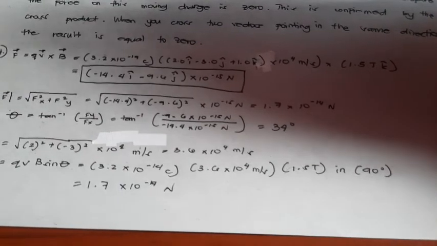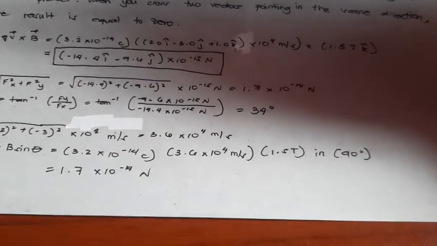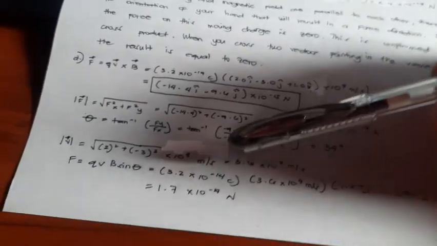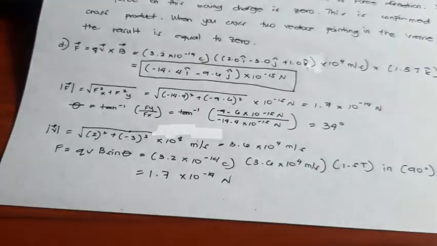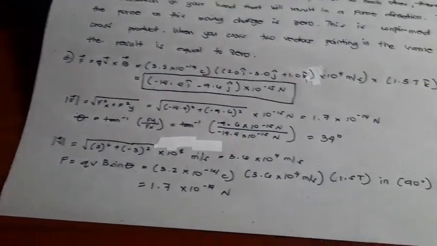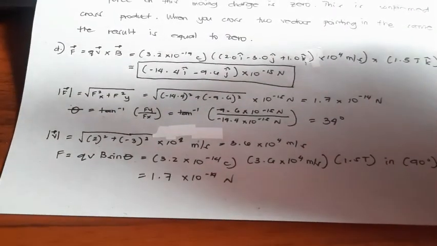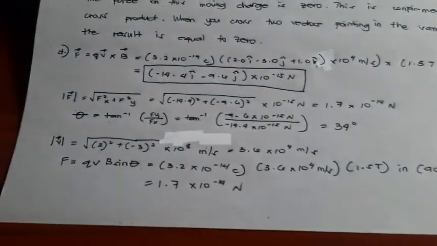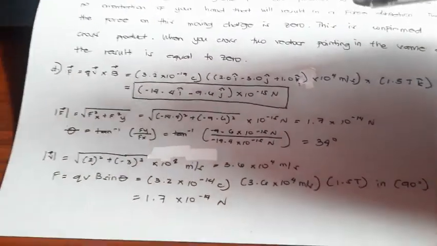So let's proceed to letter D. So letter D, we need to find the magnetic force on the alpha particle when it is moving with the velocity of v is equals to 2.0 i minus 3 j plus 1 k times 10 raised to the 4th power meter per second.